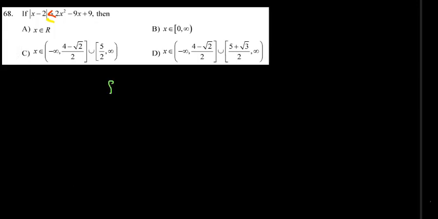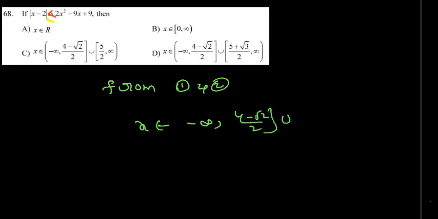From 1 and 2, I can say x belongs to minus infinity to (5 minus root 3)/2, union closed (5 plus root 3)/2 to infinity. So this is the correct option. Here it should be lesser than or equal.